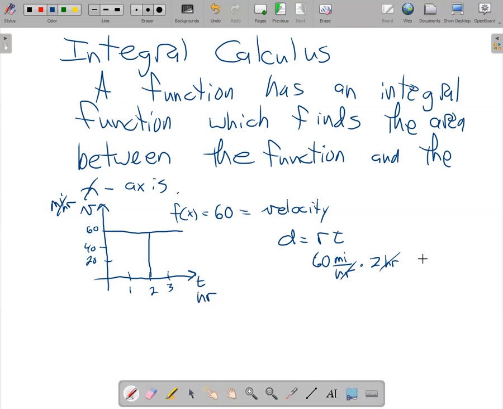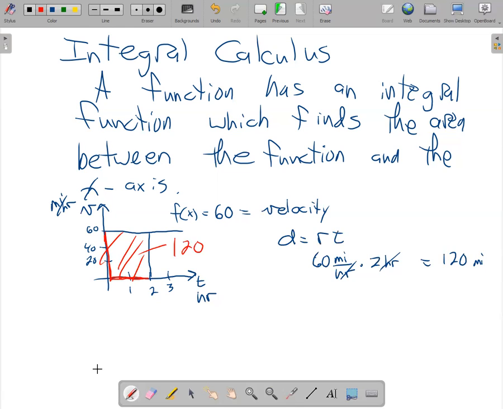Hours divide out there, and I simply get 120 miles in terms of accumulated distance. Pretty straightforward. Now, the cool thing about that is when I made that calculation, graphically, I'm taking this height of 60 here on the graph, and I'm taking this base width of 2, and I'm multiplying, and really that area right there is that 120.